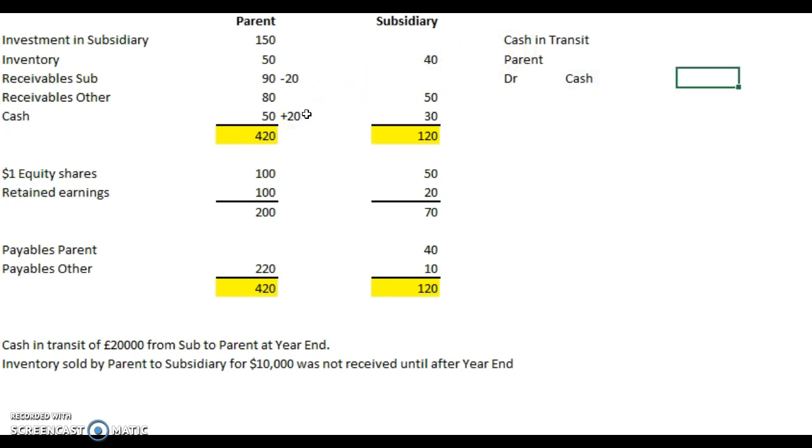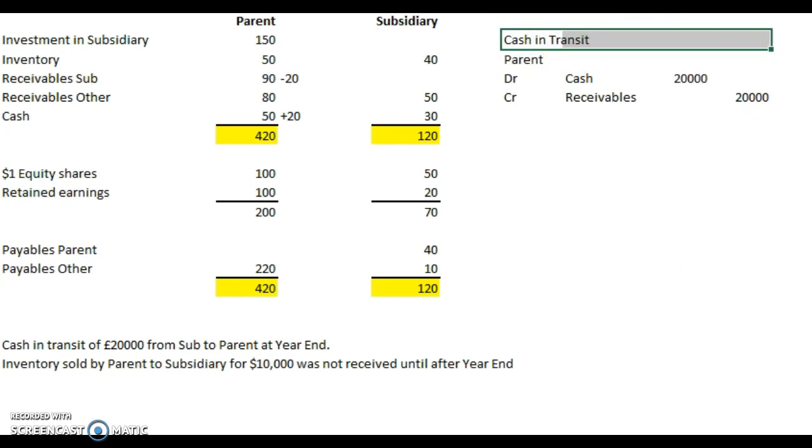Debit cash by 20,000, and we will be crediting receivables by the same amount. So that's the double entry for the cash in transit. Let's just tidy that up, and that's at the parent. So that's that one done.